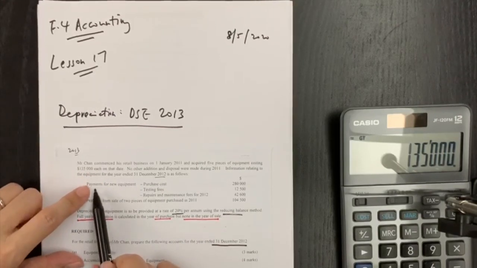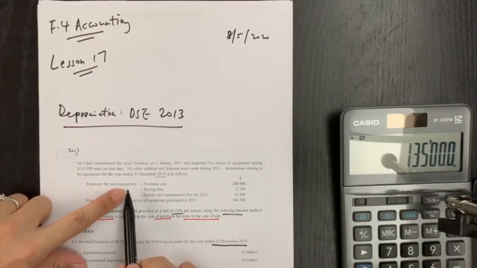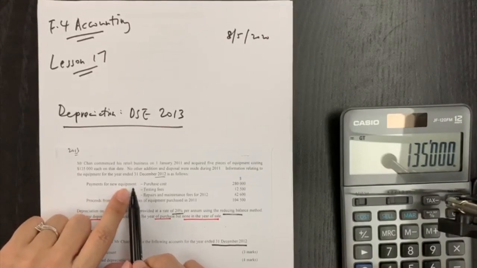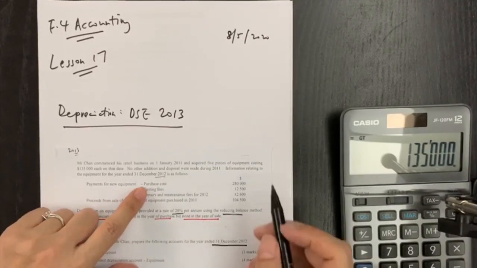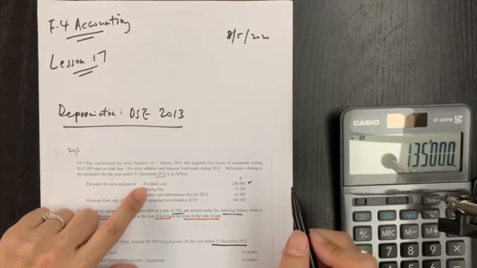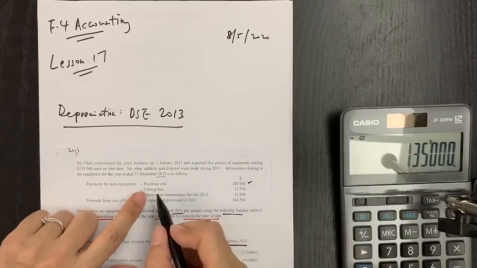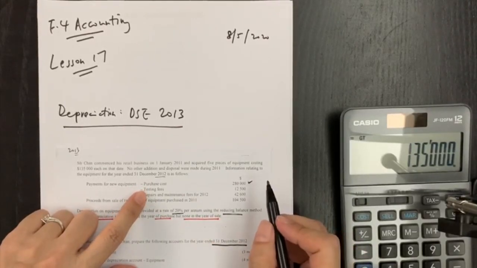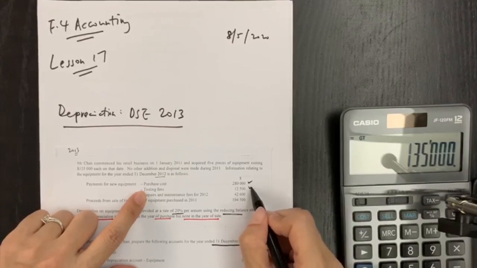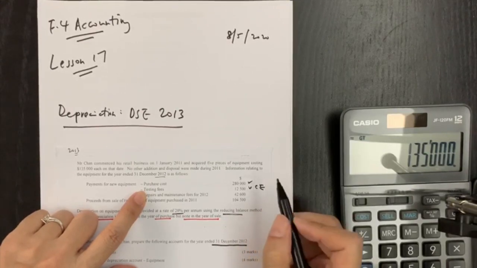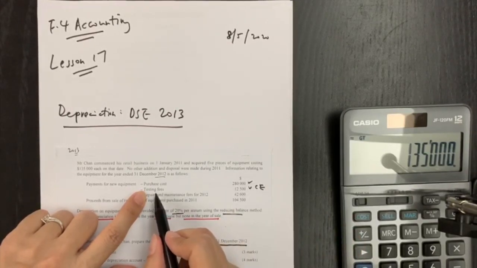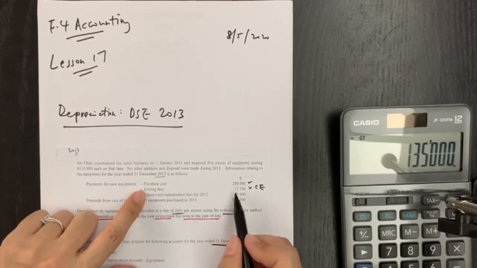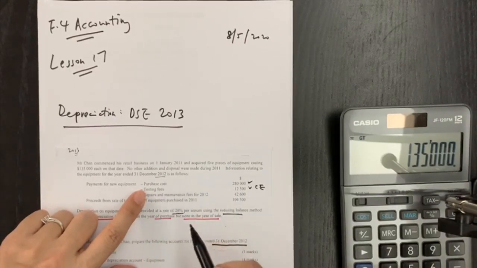So what happened? Payments for new equipment. That means we have new equipment purchased during year 2. So purchase costs, yes, it is part of the cost of equipment. Testing fees. What do you think about testing fees? It should also be capital expenditure, because we just pay it once, and if we don't pay these testing fees, we cannot use this equipment at all.